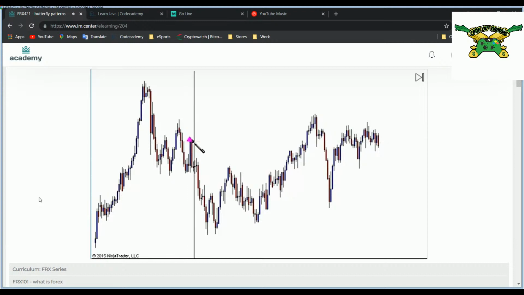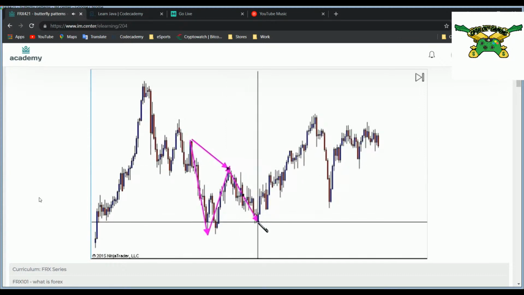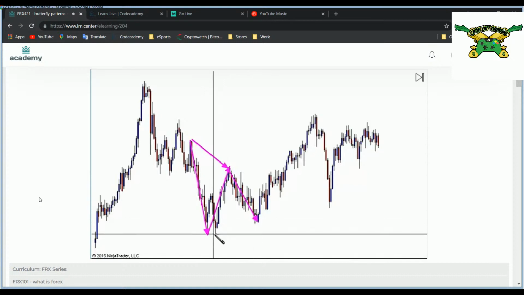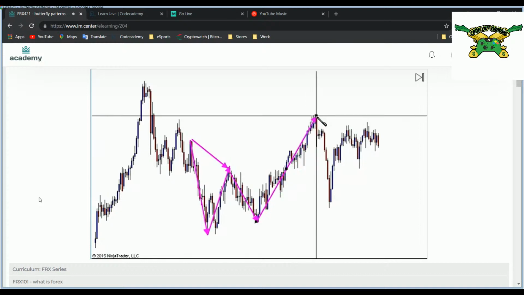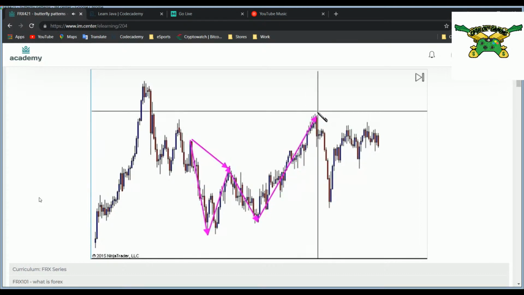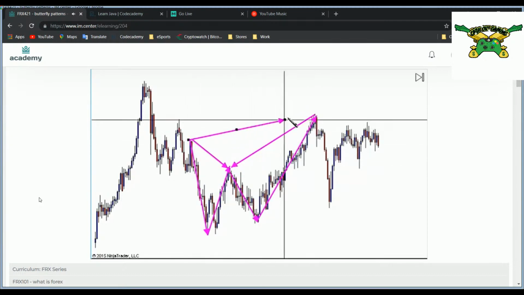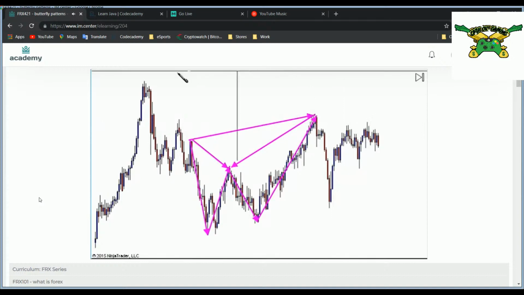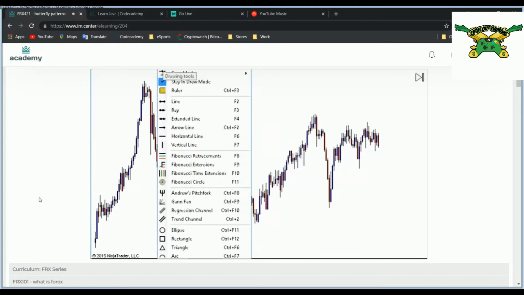If we look at the butterfly pattern from the high down to the low, the market then makes its retracement up, which is 786 of this swing down, has that drive down, which is a 382 to 886 of that prior swing, and then the drive to the upside. And that drive to the upside would have that 1272 extension from the X up. So let's take a look and redraw this. We're going to lay in Fibonacci levels.